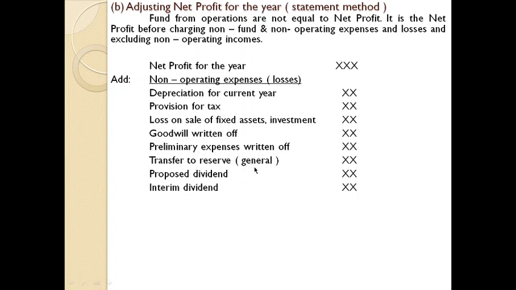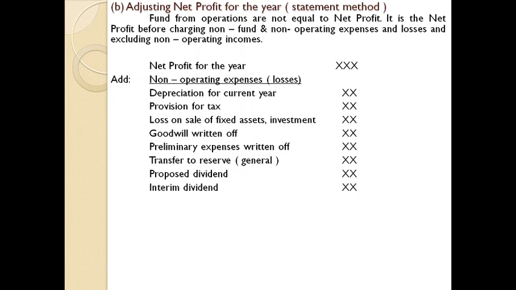Usually it will be a general reserve item, that's why it is given in brackets. Next, proposed dividend, interim dividend. Previously we have discussed proposed dividend and interim dividend. These two items are different and the computation will also be different. For proposed dividend you need to prepare an account. For interim dividend you need not prepare an account.